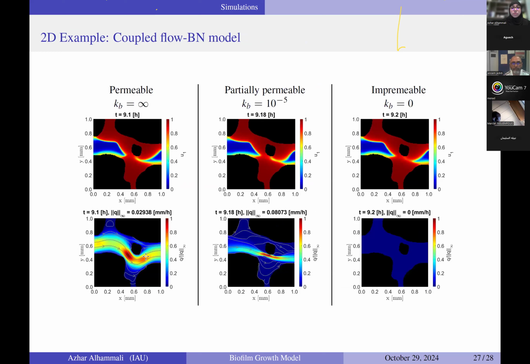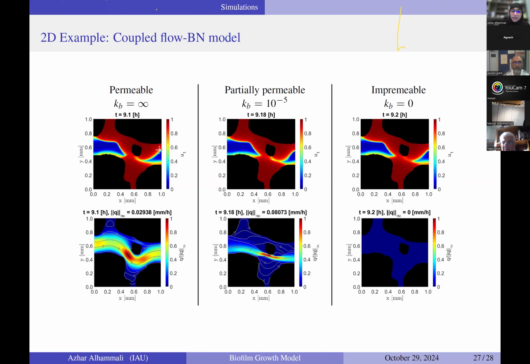And in this simulation, we used the same data we used with the previous simulation, but here we test the effect of the permeability on the growth of biofilm, and also on the flow of the fluid. So we consider 3 cases: the permeable case, the partially permeable case, and the impermeable case.